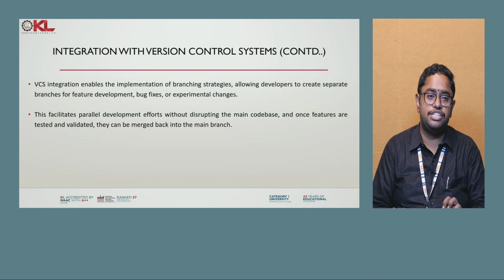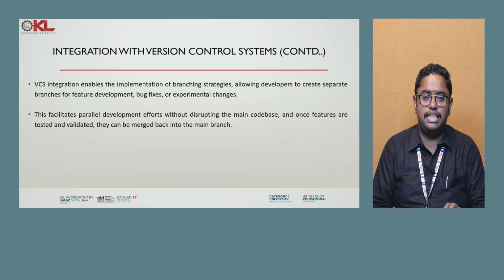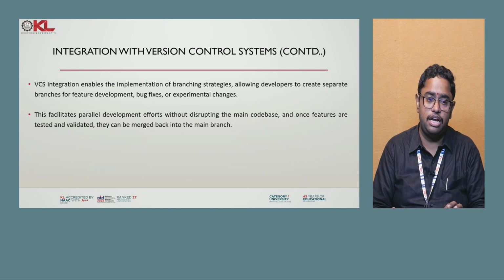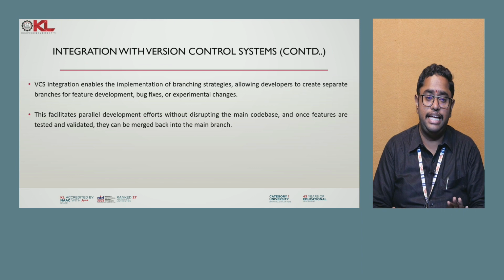Now such version control systems integrate the implementation of branching strategies, and we'll see what the branching strategies are in the upcoming sessions, and it also creates a user friendly environment for developing the project in parallel with each other.